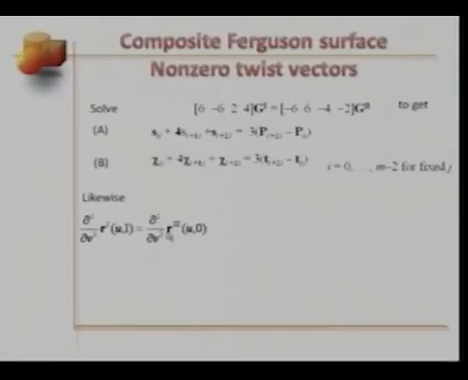Second derivative of R3 with respect to v for any value of u and v equals 0. We can do the math.